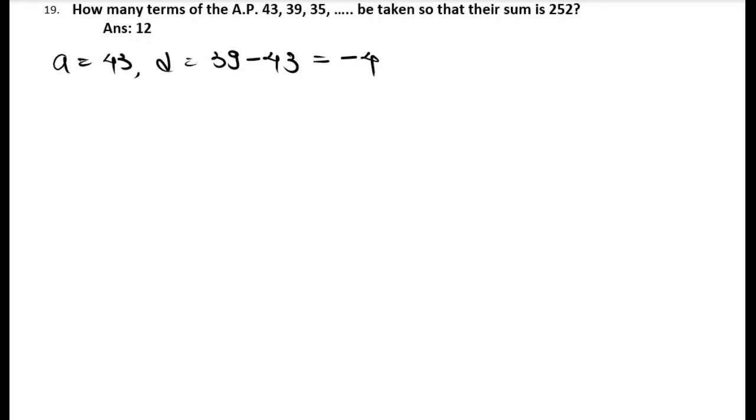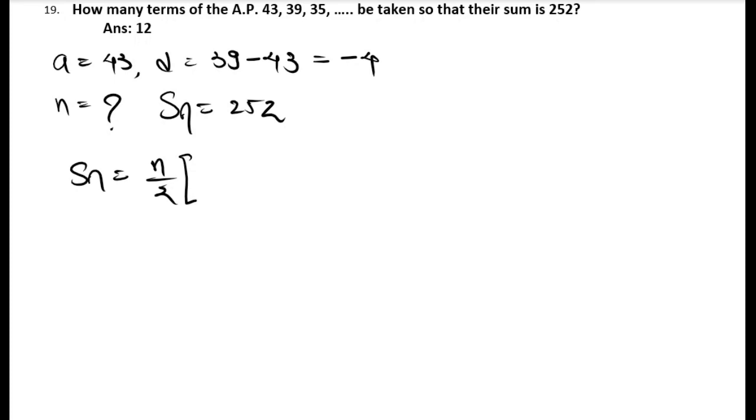Now they are asking how many terms should be taken. So n is how much? Such that s of n is 252, right? So I will write the formula of s of n, sum of n terms, n by 2 bracket 2a plus n minus 1 into d.